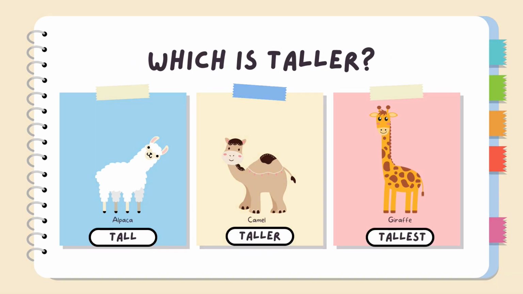Okay, so the alpaca is what we call tall. Between alpaca and camel, camel is slightly higher. So camel is taller. So between the three of them, alpaca, camel, and giraffe, giraffe is the tallest one. Thus, the superlative word is tallest for giraffe.